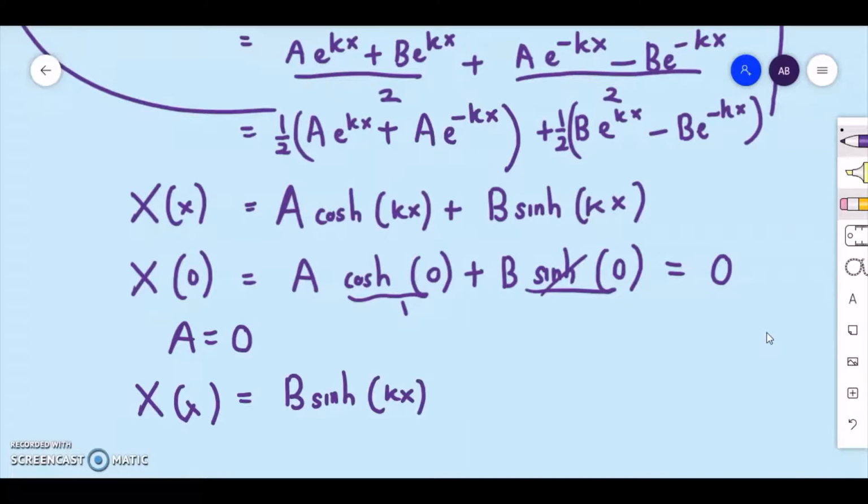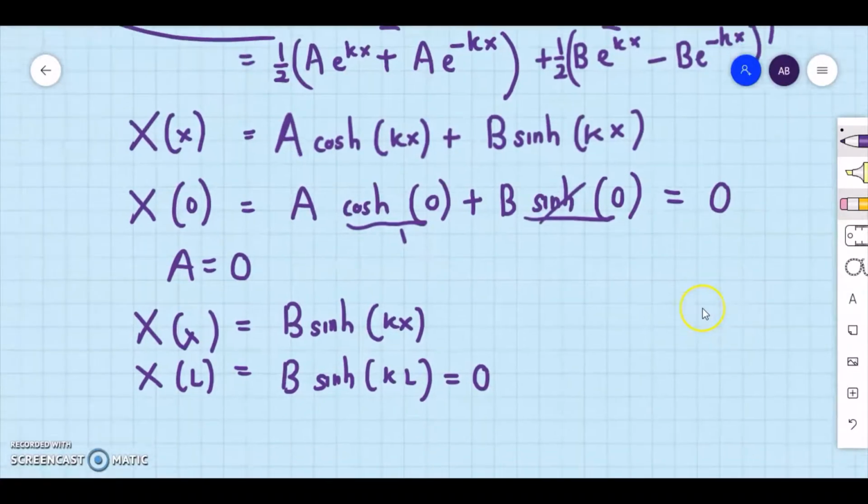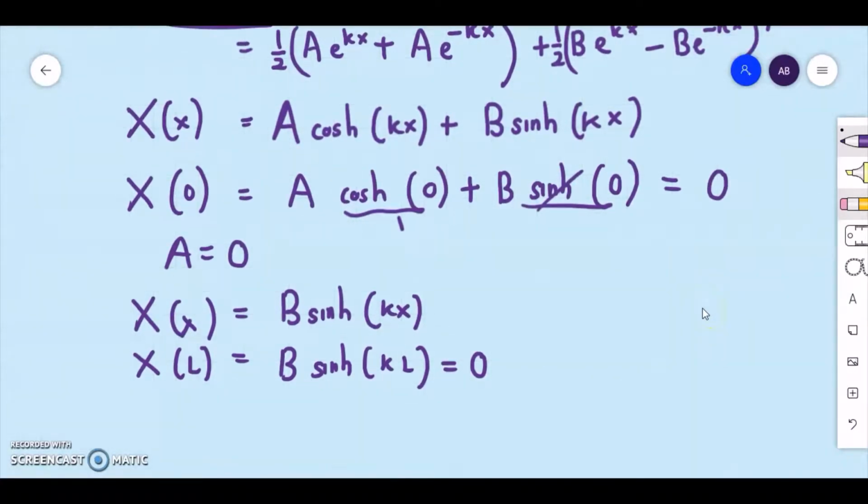So now when x is L, I have B hyperbolic sine kappa L equals 0 by the second boundary condition. Now we can see that with the second boundary condition, hyperbolic sine kappa L cannot be 0.